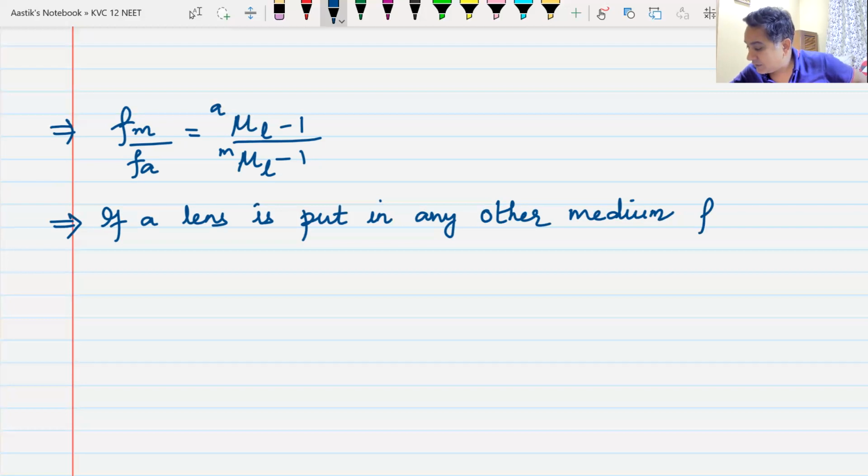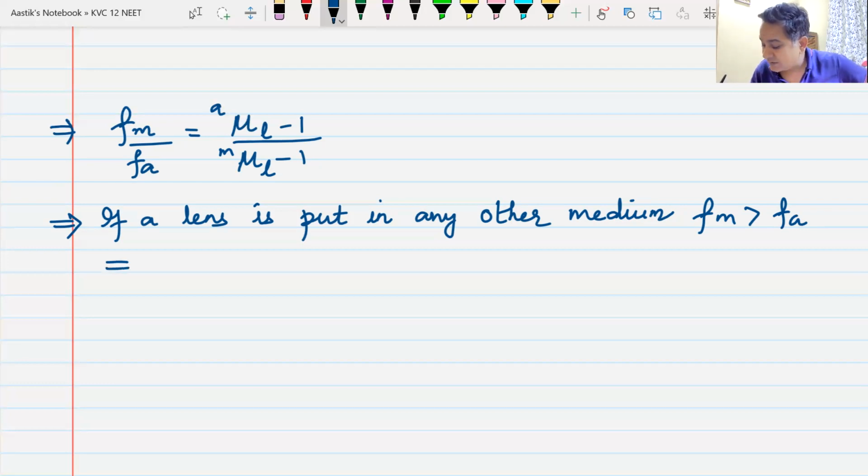Focal length in the medium will be more than focal length in air. Because mu of lens with respect to air will always be more than mu of lens with respect to the medium, the ratio will be greater than 1. The focal length will increase.